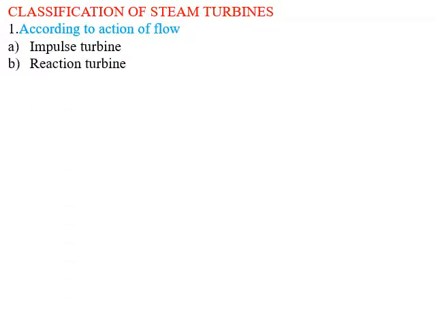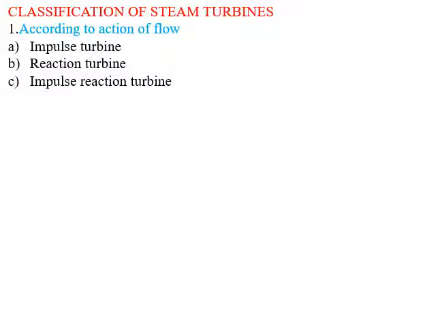Next, what are the classifications of steam turbines? The first classification is based on action of flow. According to this, the steam turbines are classified as impulse turbine, reaction turbine, or impulse reaction turbine.